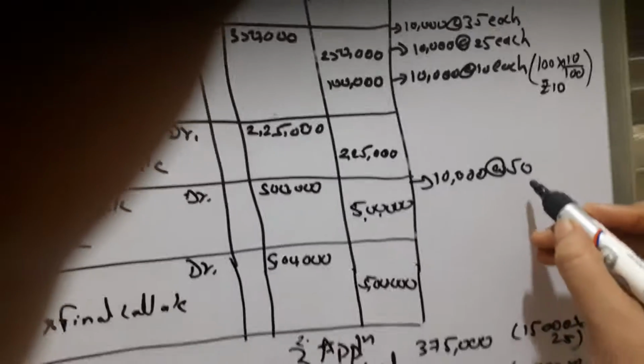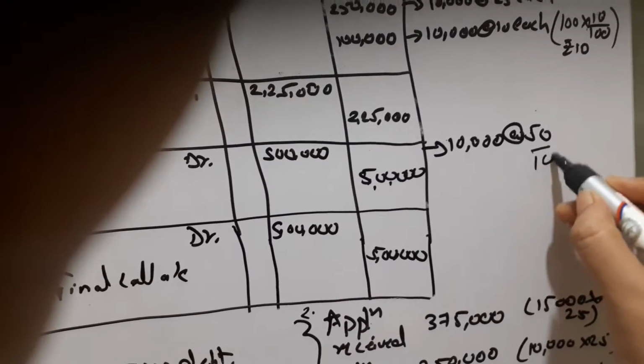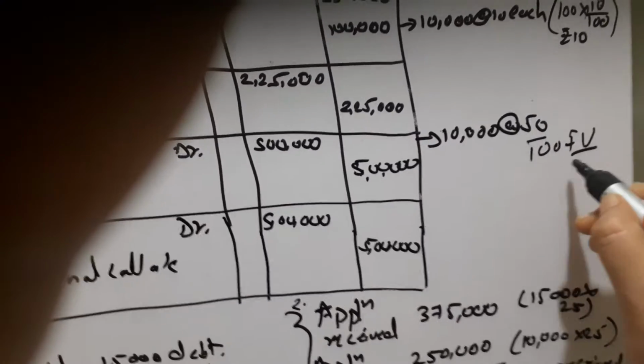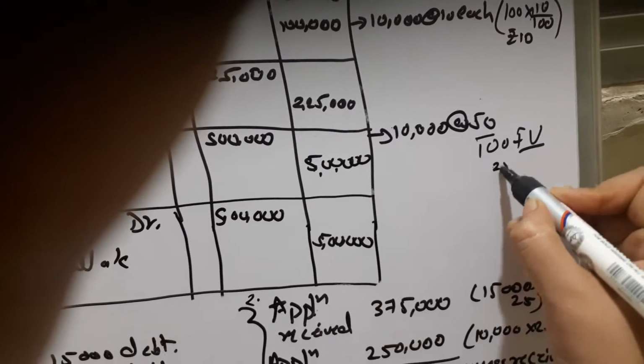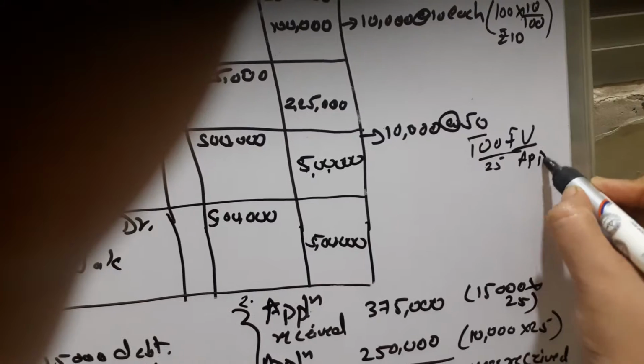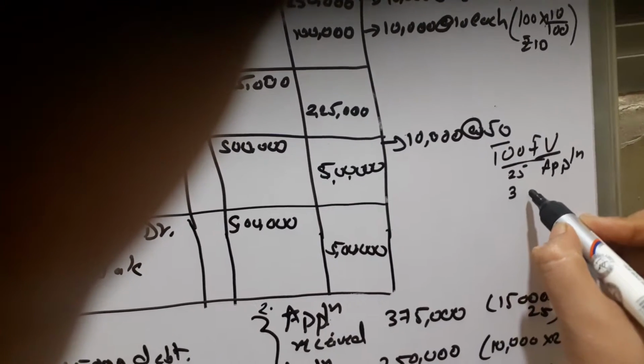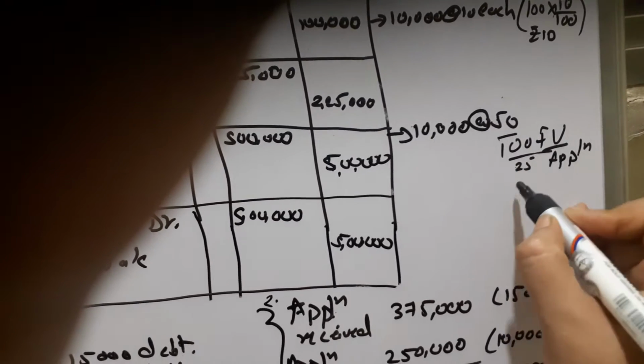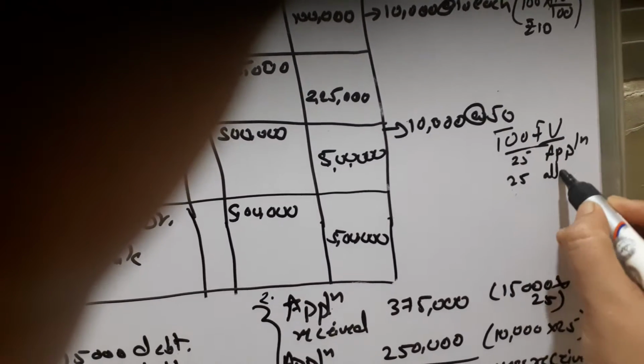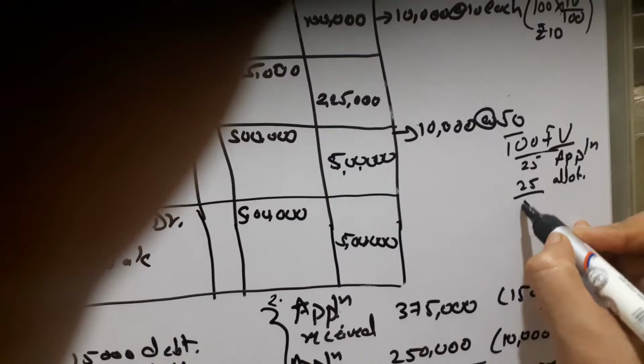So this 50 rupees: 100 is your total face value. 25 was asked in application, then 25 in your allotment. This is your 50.